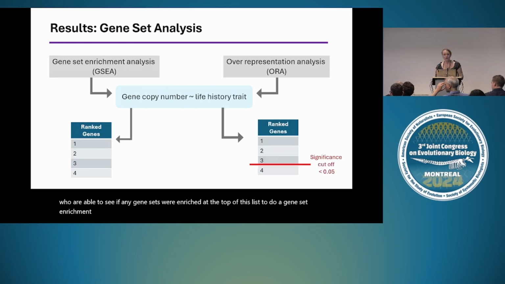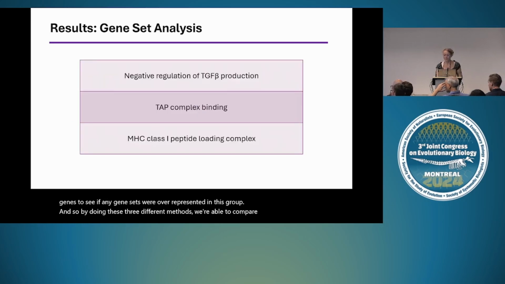And then for an overrepresentation analysis, we were able to take all of those genes that had a significance of less than 0.05 and use this subset of genes to see if any gene sets were overrepresented in this group. And so by doing these three different methods, we're able to compare our results.